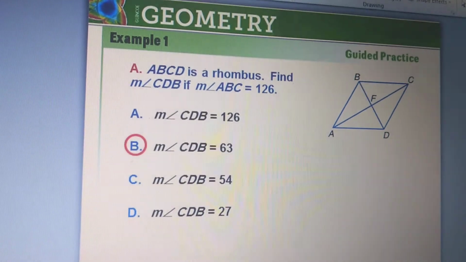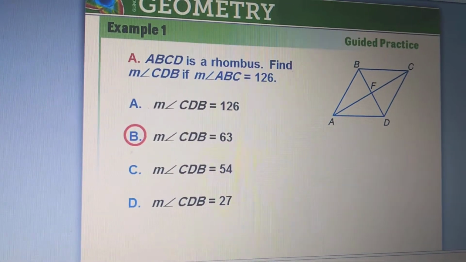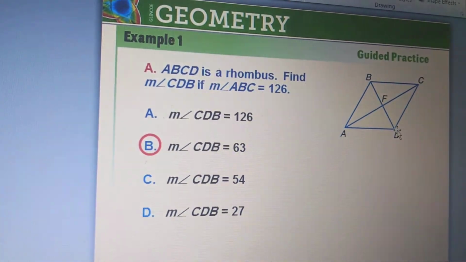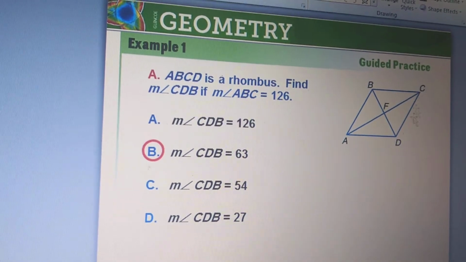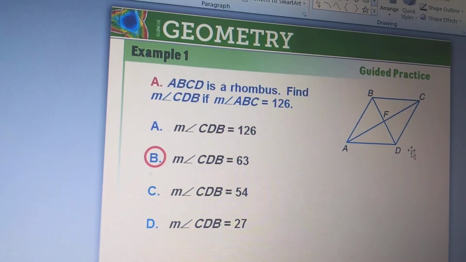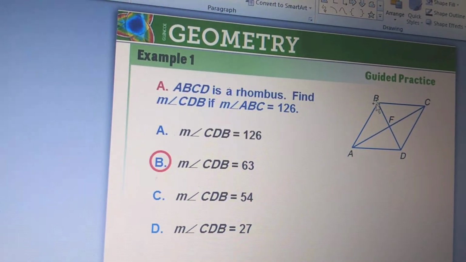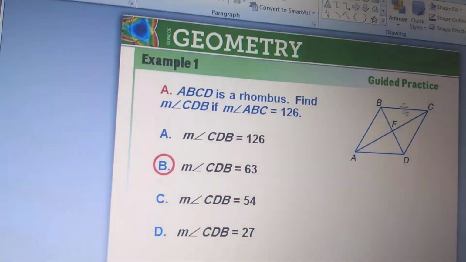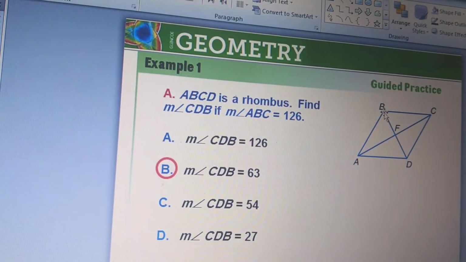With this example, the same. You want me to find angle CDB, this one, and he gives me angle ABC is 126.